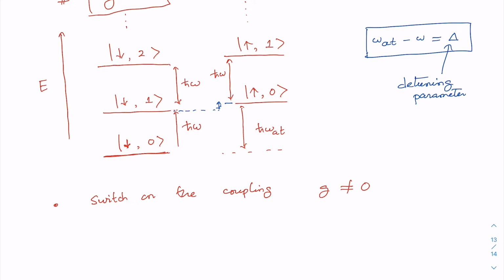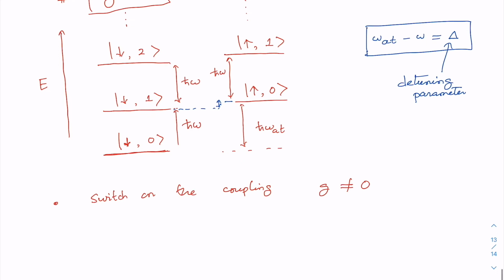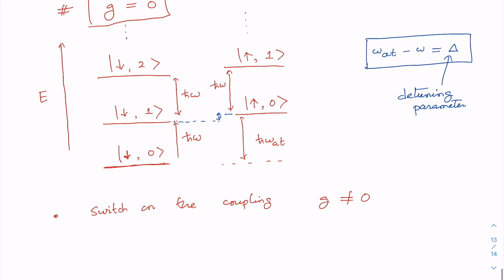Of course, as I said, we are going to consider the coupling to be very weak, and then we can exploit the fact that the energy levels which are in resonance, or nearly resonant, lying nearby, are far more important than the off-resonant transitions or energy levels.